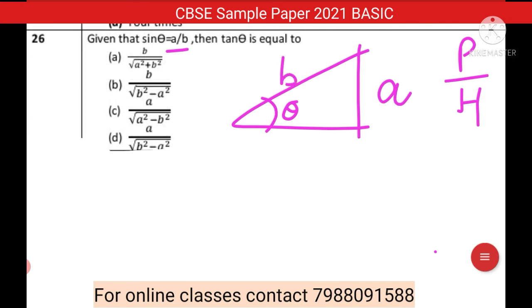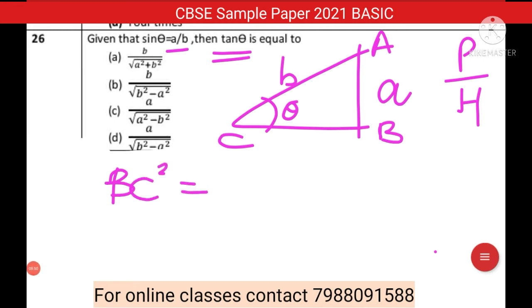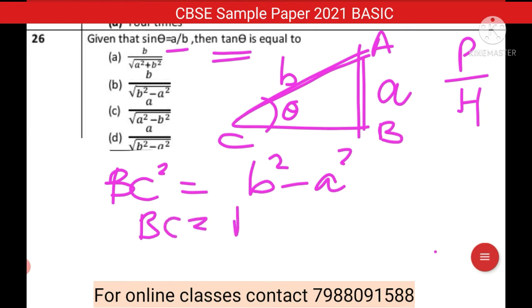Now, we don't need to apply the K factor which we do in subjective, because this is objective. We want the value of tangent theta. For that, we need to find out the base. Now, clearly, the formula for base will be BC square equals B square minus A square. Right, because this is the hypotenuse, so hypotenuse square minus perpendicular square, and BC comes out to be square root of B square minus A square.